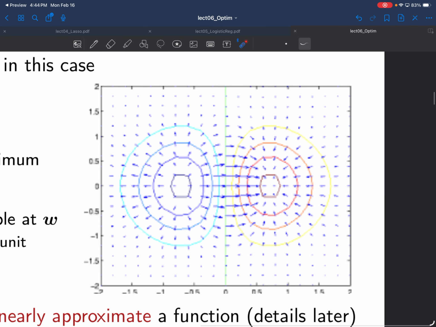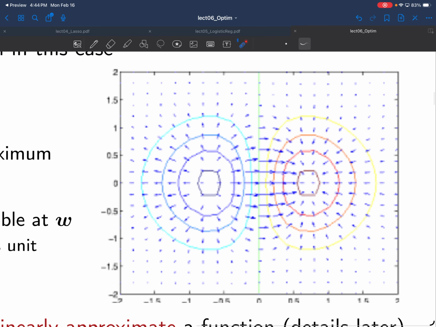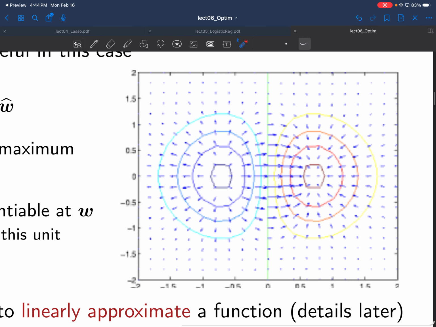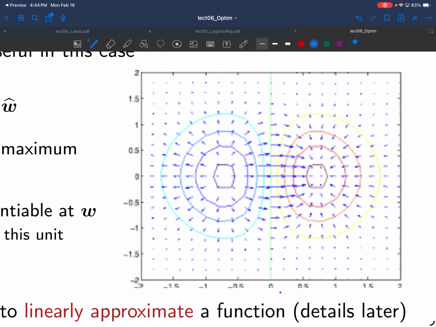So we have this picture here where we have these little arrows. The length of the arrow represents the magnitude of the gradient, and the direction of the arrow represents the orientation of the gradient. In this case, W0 is one parameter, W1 is the other parameter, and we're trying to maybe optimize the pair of those two things.